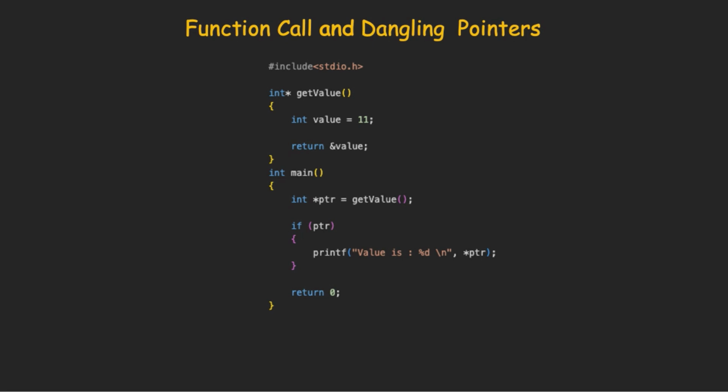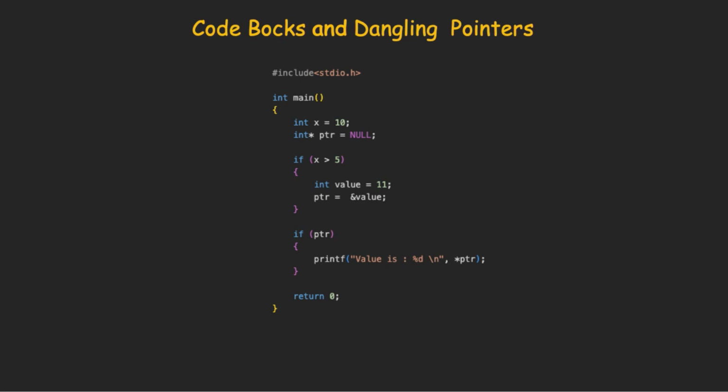The third scenario involves assigning a pointer to a memory location inside a block. When the block exits, the pointer still points to a variable or a memory location that has been deallocated, resulting in a dangling pointer. So these concepts and information are applicable to both C and C++ programming.